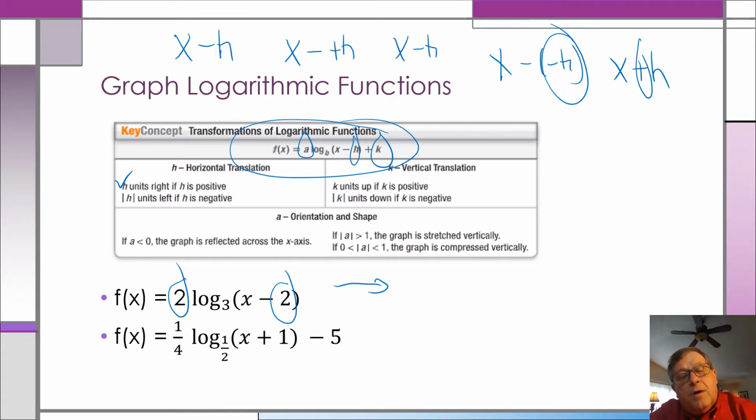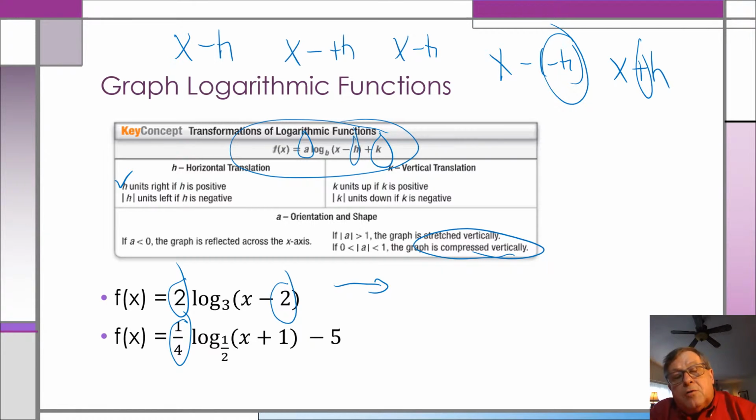Now in the second one, a is 1/4. And I see that if a is less than 0, then it is going to reflect it across the, excuse me, that's not less than 0. It's between 0 and 1, and so it should compress our graph vertically.